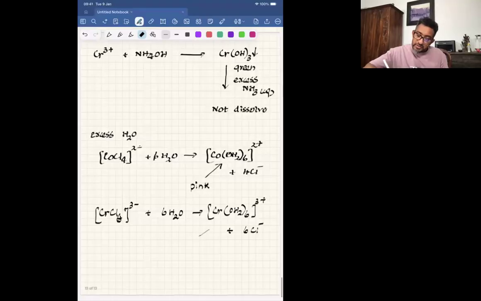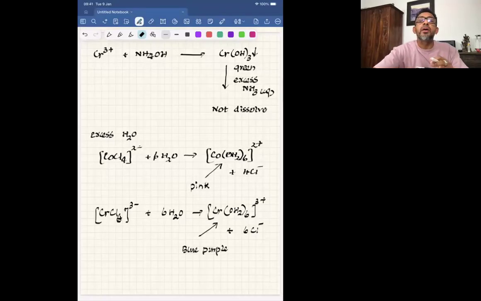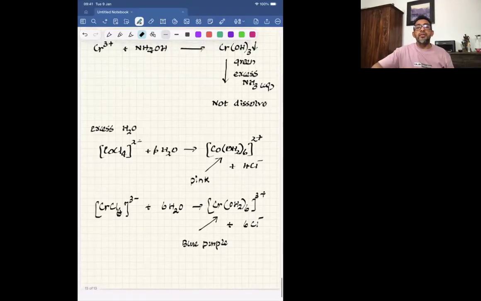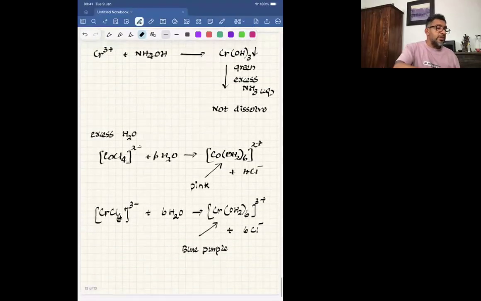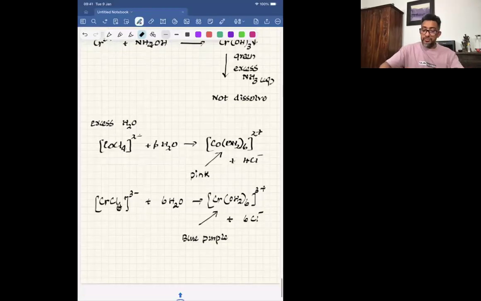This is blue purple in color. Right. Okay. Is it clear? Did you understand that? So that is question number 57. Shall we look at 58 also?